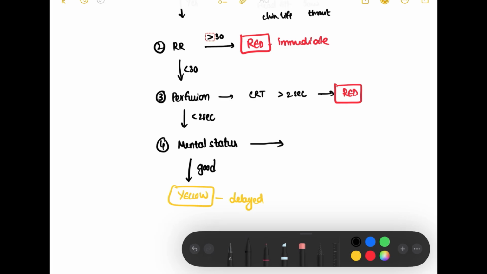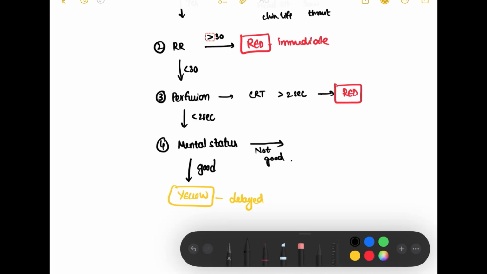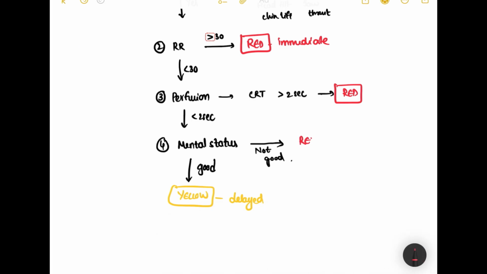If his mental status is not good, if he's not answering well, he's confused, then he comes under red again, which is immediate.